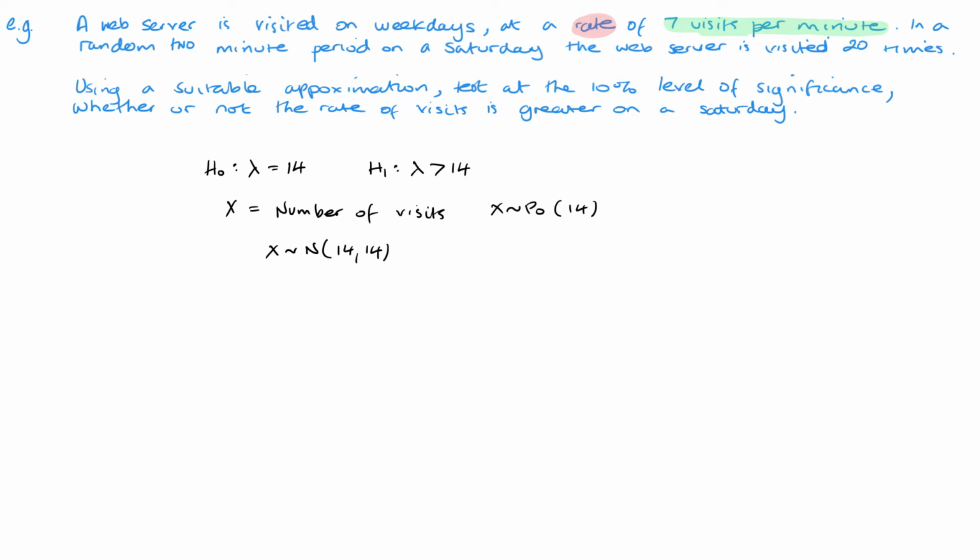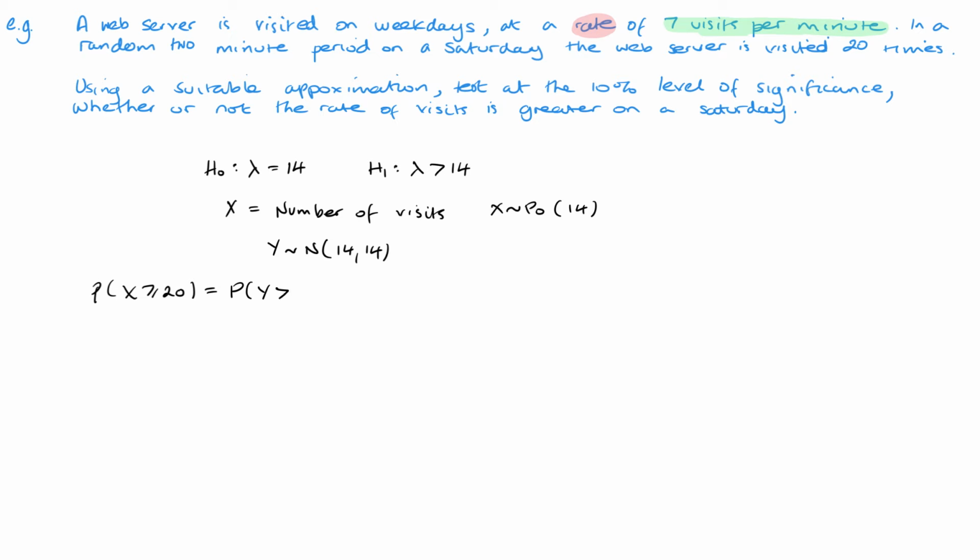Now the other thing we need to remember is continuity correction as we're moving from a discrete data set to a continuous data set. So the probability that X is greater than or equal to 20. Actually, let me make a little change there. Let's call the normal one Y so we can remember what we're doing.